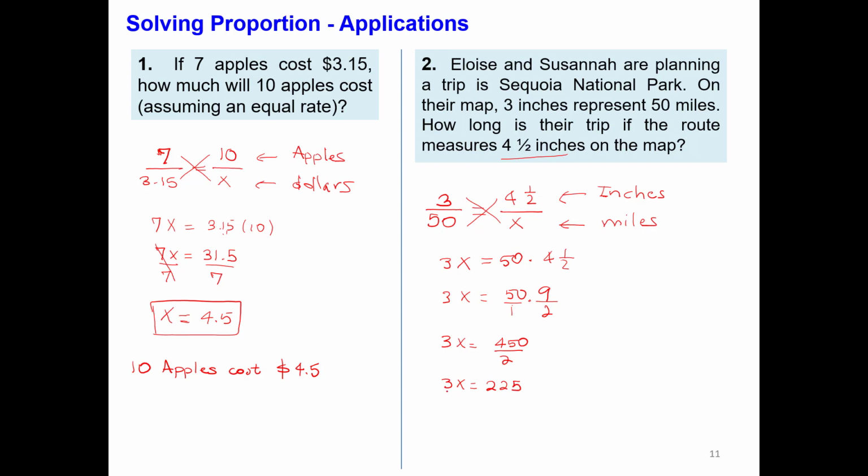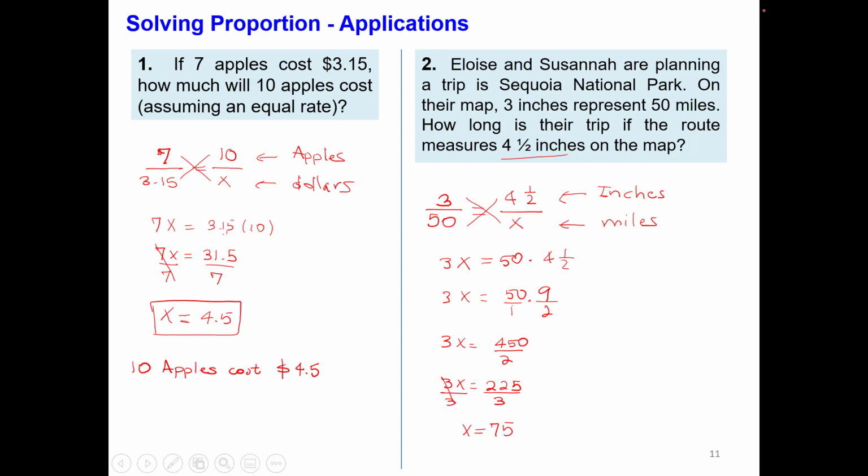Now we can divide by 3 to solve for x. Then 225 divided by 3 equals 75. And x equals 75. Now we can answer the question: how long is their trip if the route measures 4.5 inches on the map? Then the trip will be 75 miles, because 4.5 inches represents 75 miles.